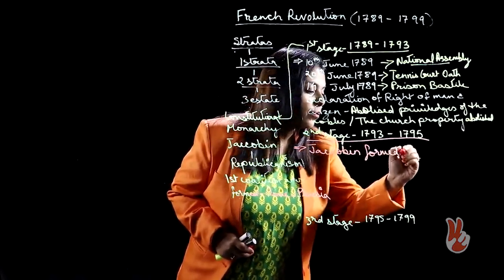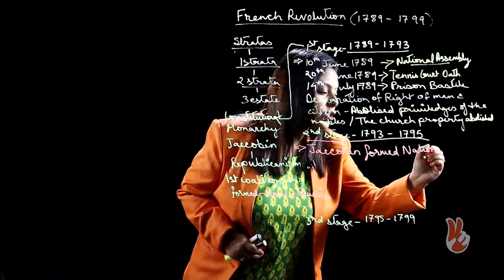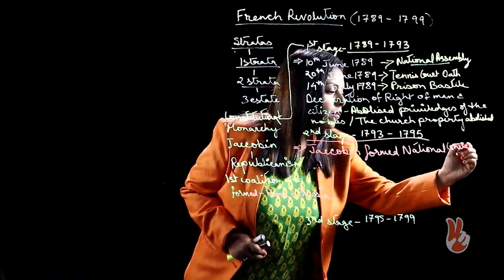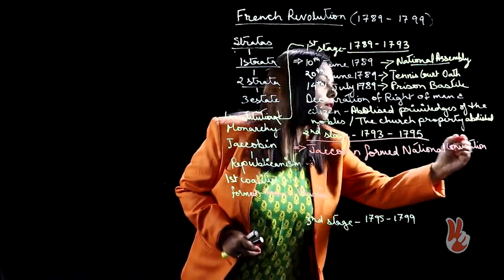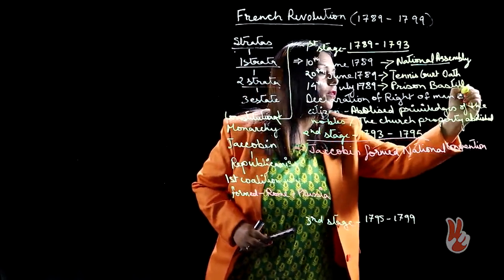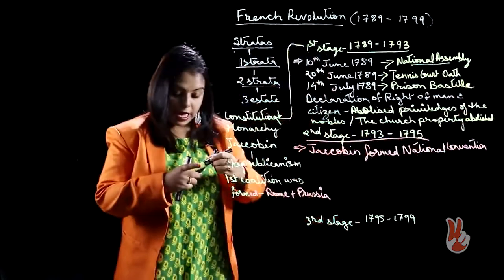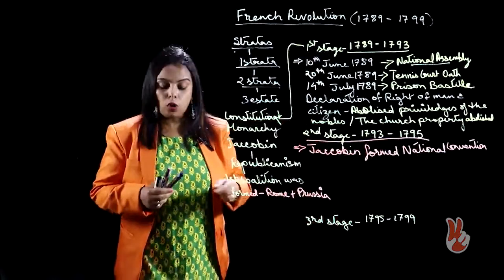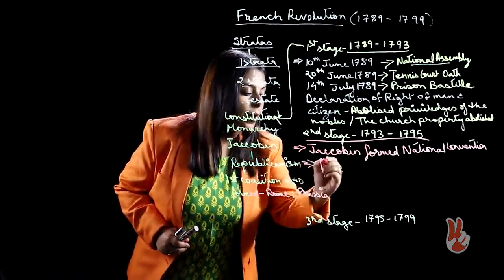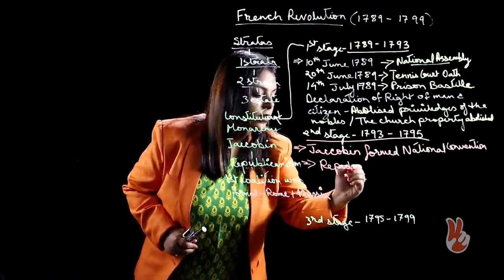The name of the government was the National Convention, and their main goal was to create a constitution, a republican form of constitution.